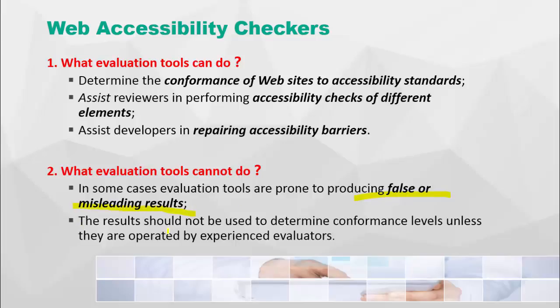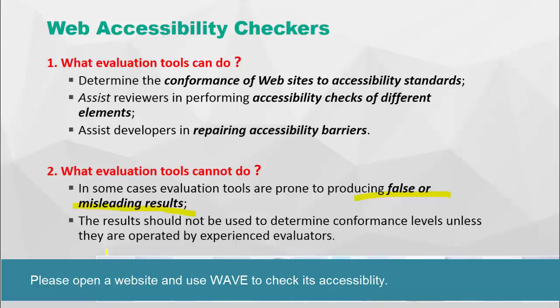The results cannot be used to determine conformance levels unless they are operated by experienced evaluators. So even if your website has passed the test, it doesn't guarantee it 100%.